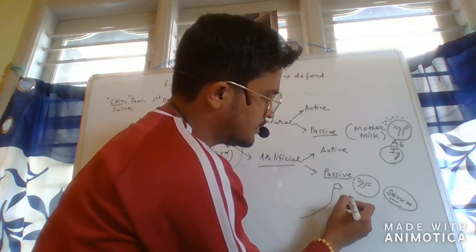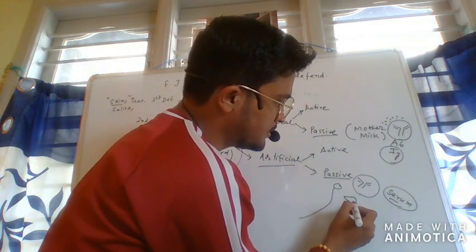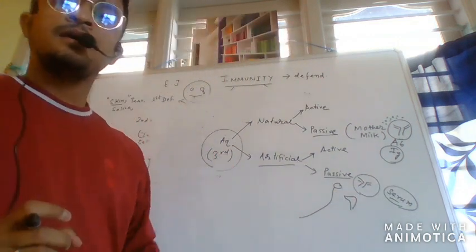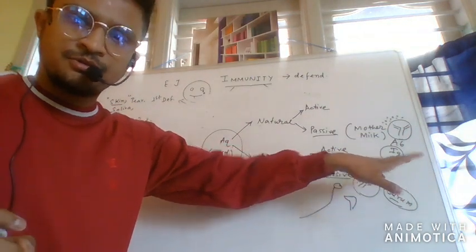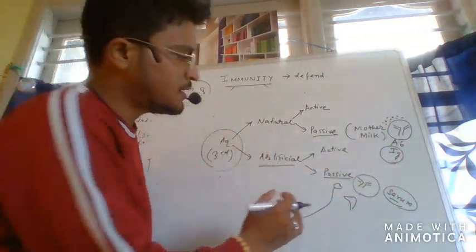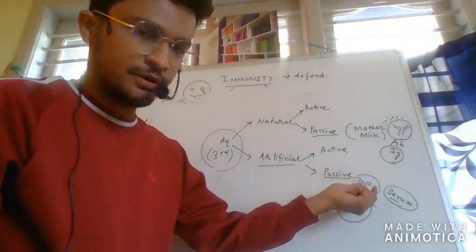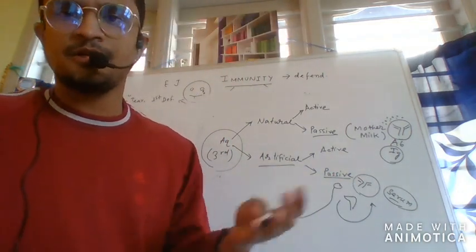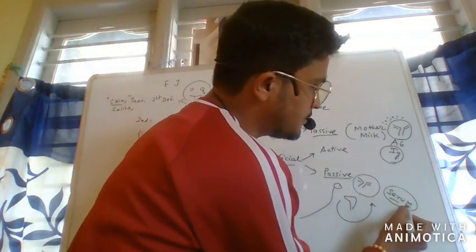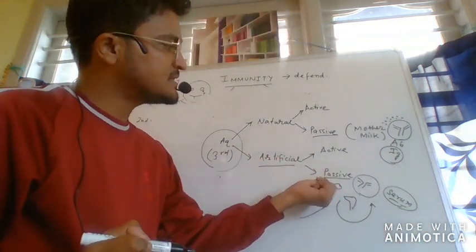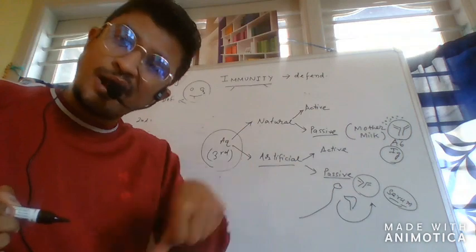Like this is a snake and this is a horse. So you are preparing that particular serum in that vertebrate host, and you are injecting that product, the antibodies, into the host of interest, like a human being. That is how serum therapy is very important for creating passive but artificial acquired immunity.